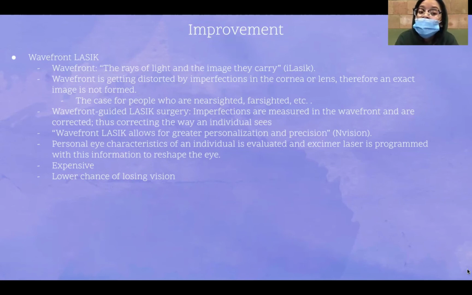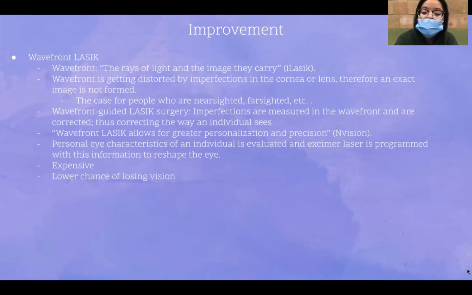But in the wavefront-guided LASIK surgery, imperfections are measured in the wavefront and are corrected, thus correcting the way an individual sees. Wavefront LASIK allows for greater personalization and precision. Since the wavefront is measuring exactly where your imperfections are in the cornea or the lens, it's really precise.